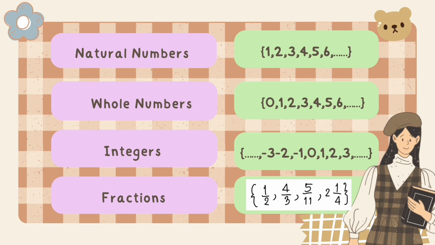And fractions are also part of rational numbers, and remember we can rewrite all our whole numbers, natural numbers, and integers as fractions. Practical examples of a fraction would be a half, 4 over 3, 5 over 11, and 2 and 1 over 4.